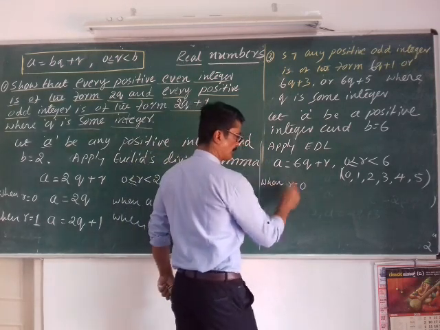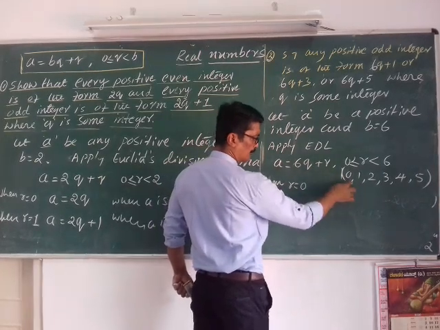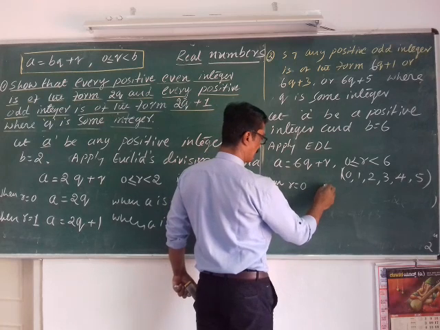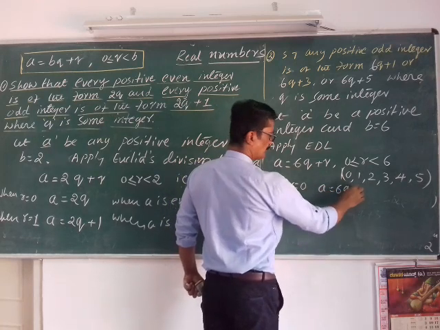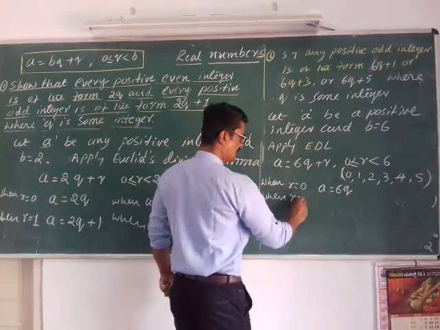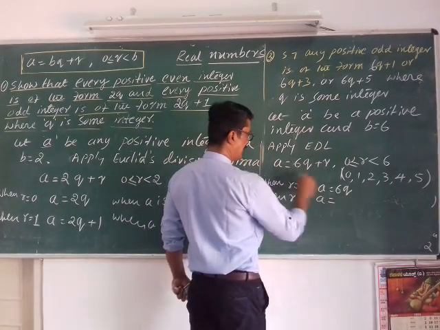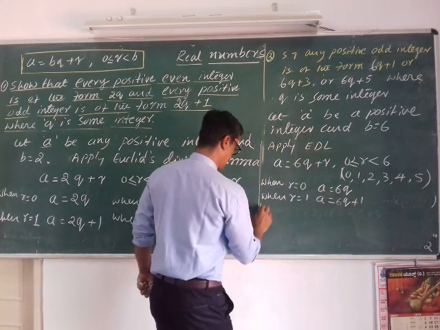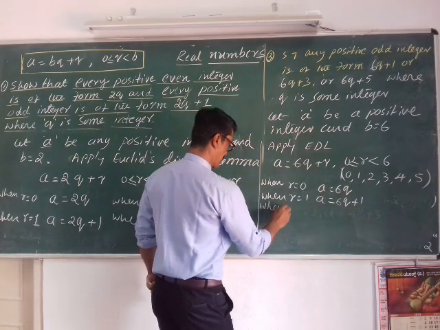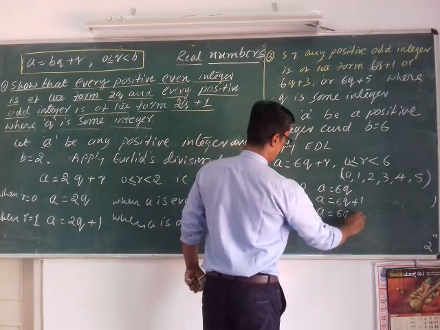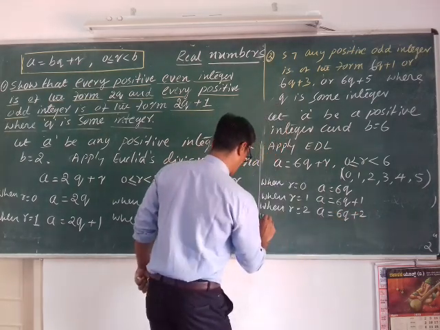When r is equal to 0, substitute these values for r. a is equal to 6q plus 0. When r is equal to 1, a is equal to 6q plus 1. When r is equal to 2, a is equal to 6q plus 2.